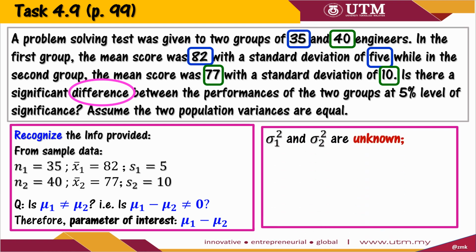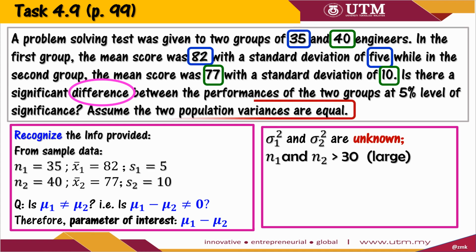Next, look at the sample sizes. We have noted earlier that N1 and N2 are both large. Furthermore, from the question again, the population variances are assumed to be equal. Therefore, we will use the pooled variance, S p squared, to estimate these two unknown and equal population variances.